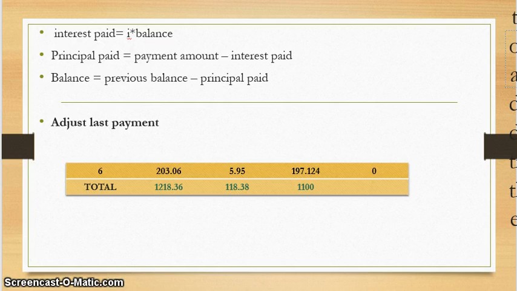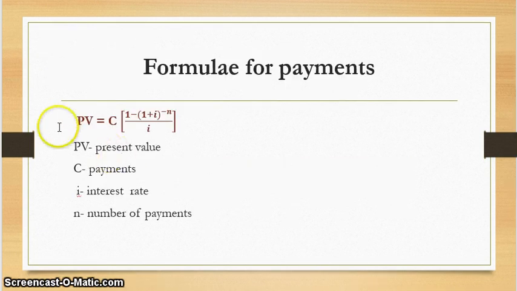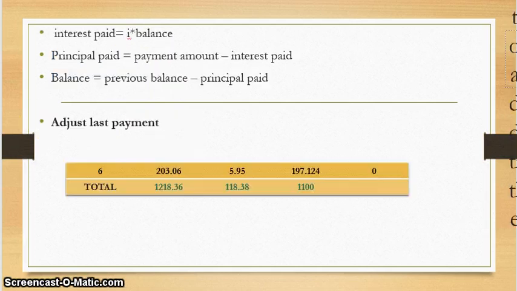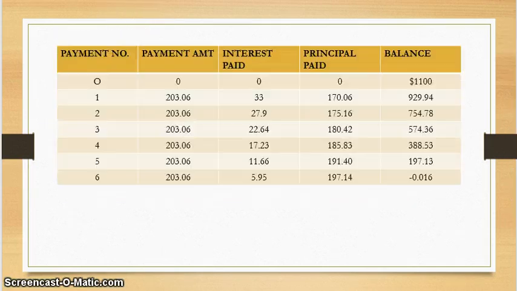We are using 0.03, the interest we got in the earlier working. So you say interest times balance. So for the first interest paid, we multiply 0.03 by 1100, so you get $33 for the first interest paid.